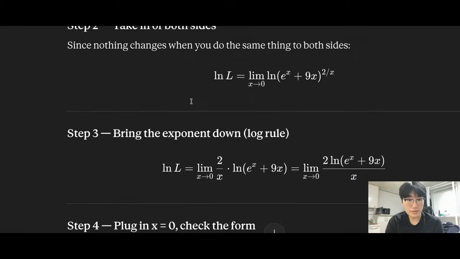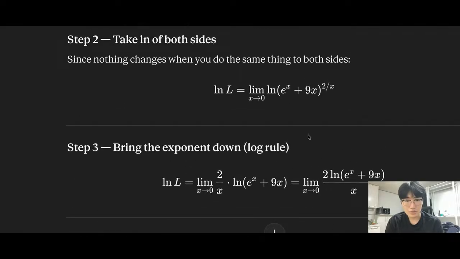I'm fuming right now. Step 3: bring the log down. Okay, what am I looking at right now, chat? Okay, so just bring it down. So ln L equals the limit of, blah blah blah, and we just put it down here, times ln(e to the x plus 9x) equals 2.